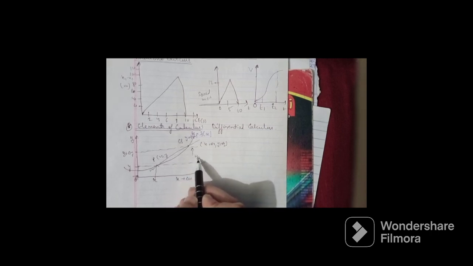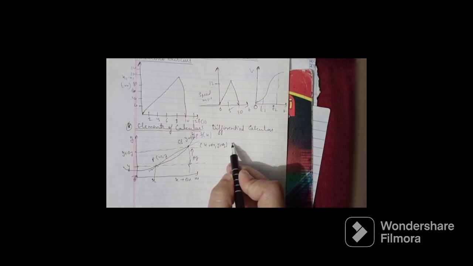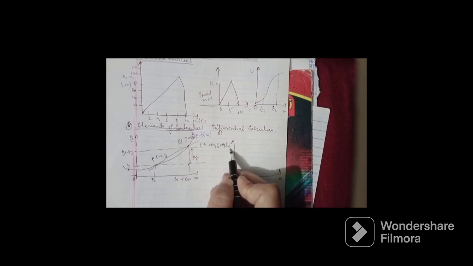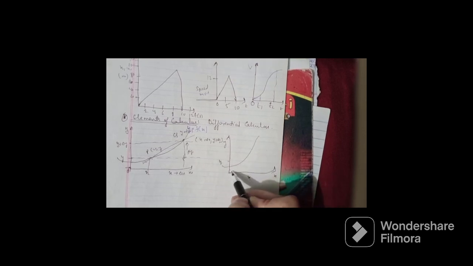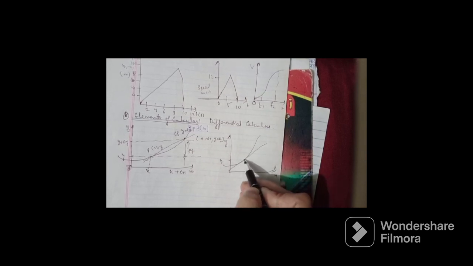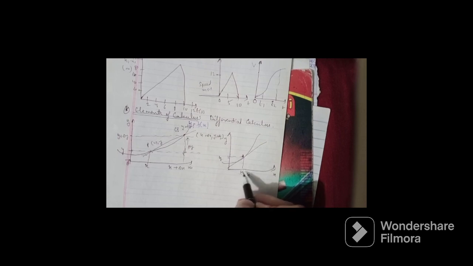This is delta y, that is a drop here. So we have another graph, x and y.